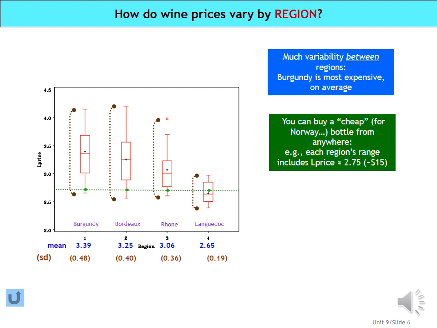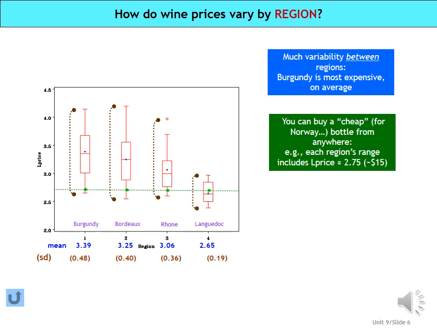But what I mean is there are different variances in groups, and between groups, and there are cheap wines in here. Even though the total overall mean is high for everyone, for example, if you go to Burgundy, you can find cheap wines too.